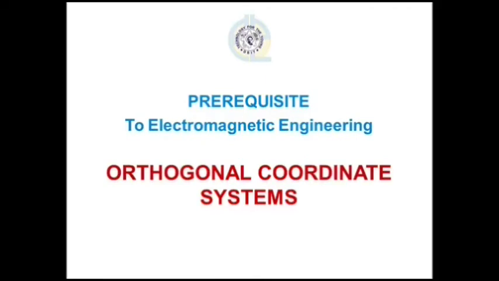Coordinate systems are defined as arrangement of reference lines or curves used to identify the location of points in space. Now, with this definition, let us look into the types of coordinate systems. Let me be specific here that we are dealing only with orthogonal coordinate systems.